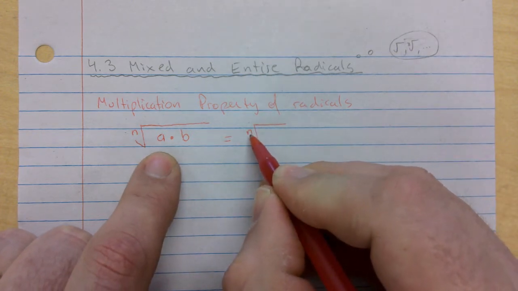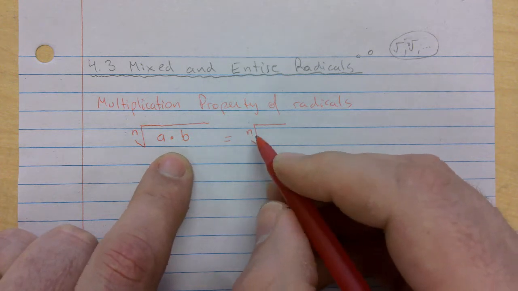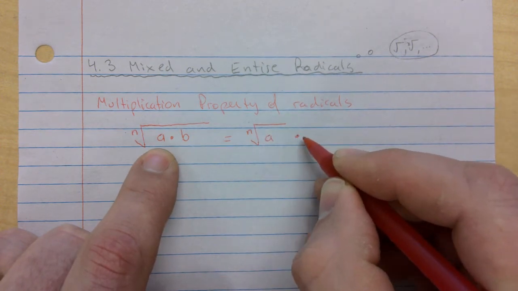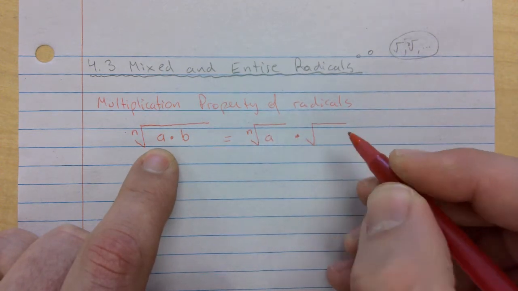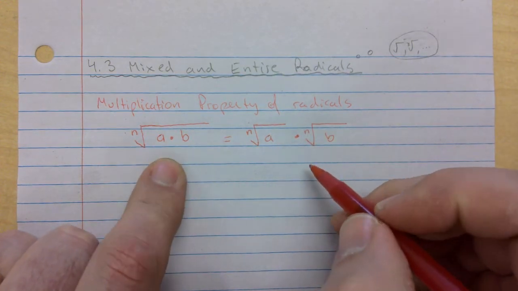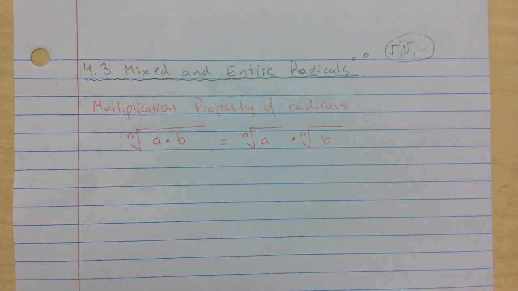So this could be square root, cube root, fourth root, fifth root, doesn't matter, of the first number, multiplied by the root of that second number. So that's, in a nutshell, the multiplication property of radicals.